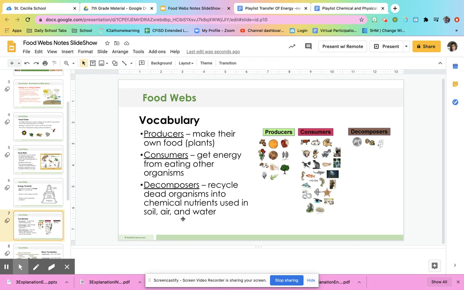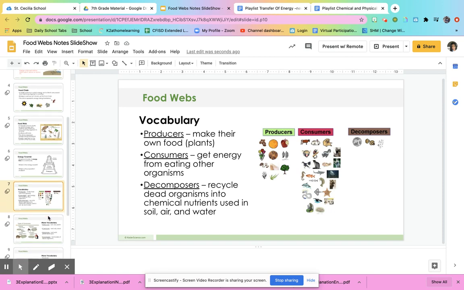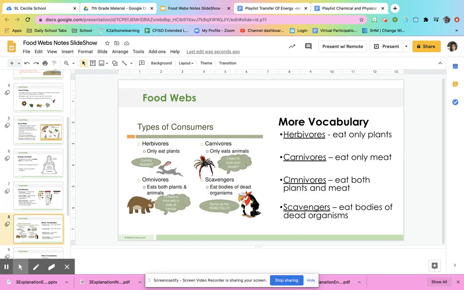So here's some vocabulary. You should have already done these things in your Frayer models, but it's a quick review. So just make sure you write down the actual terms. So you have producer, it makes its own food. Consumers get energy from eating other organisms. Decomposers recycle dead organisms into chemical nutrients used by soil, air, and water. And then you have more vocabulary here.